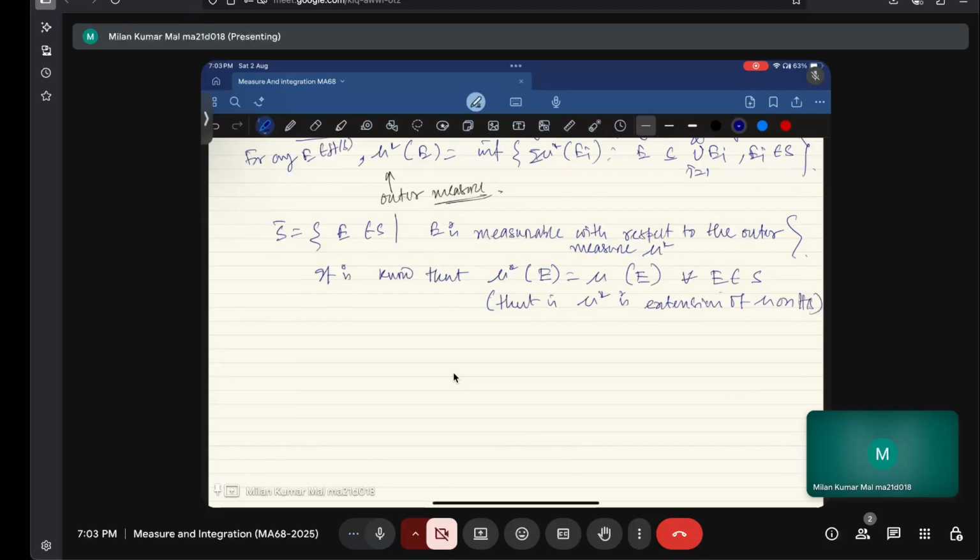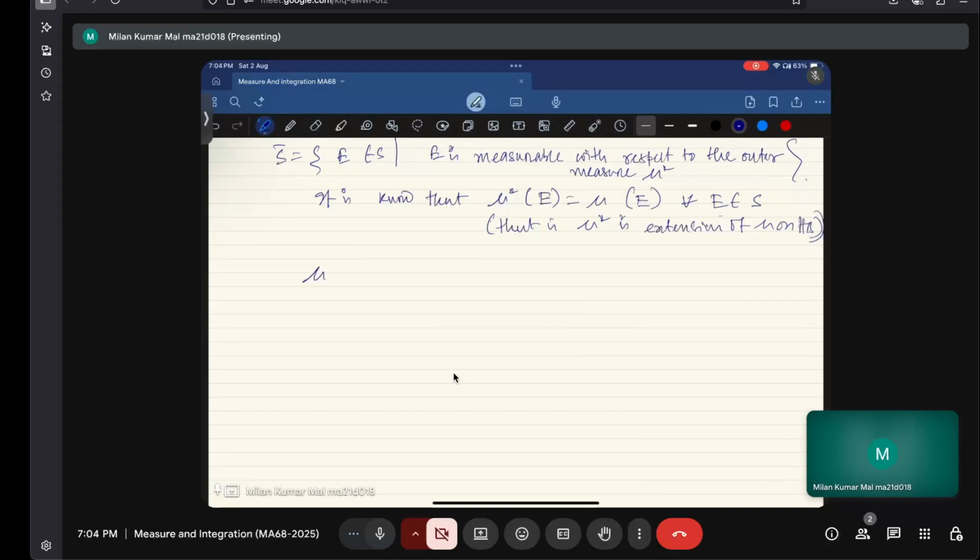Now similarly, if I just restrict mu star, and this is the extension, then mu bar of an element A is equal to mu star of A, where A is coming from S bar.